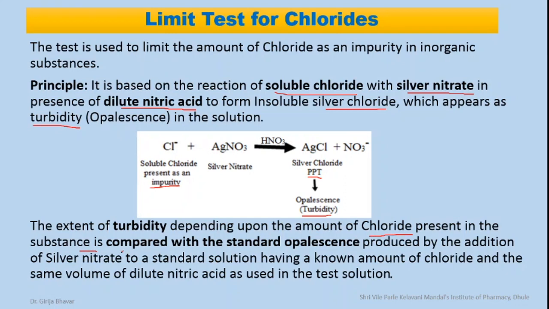This turbidity is then compared with the standard opalescence produced by the addition of silver nitrate to a standard solution having a known amount of chloride, with the same volume of dilute nitric acid used in the test solution.